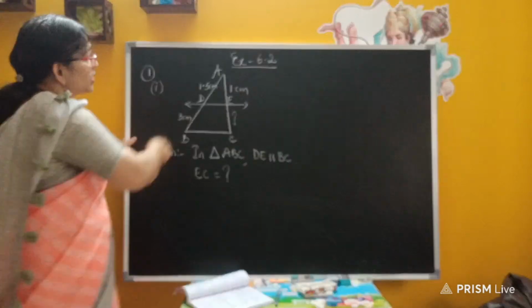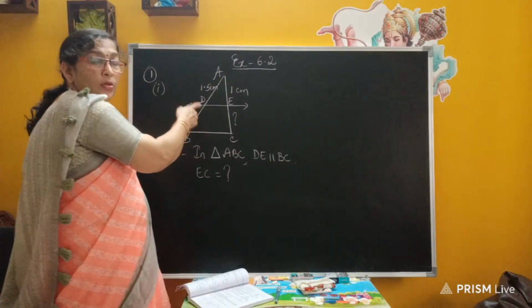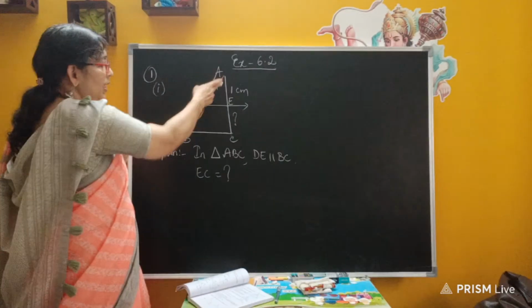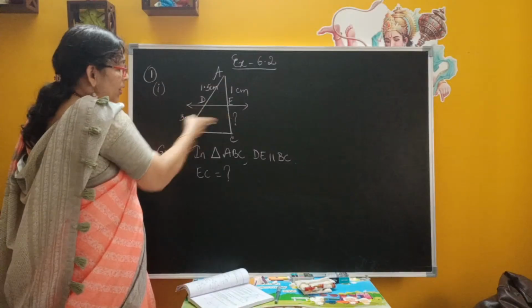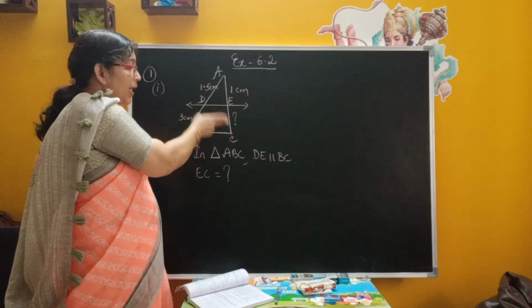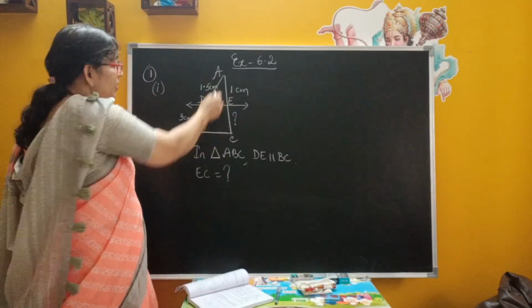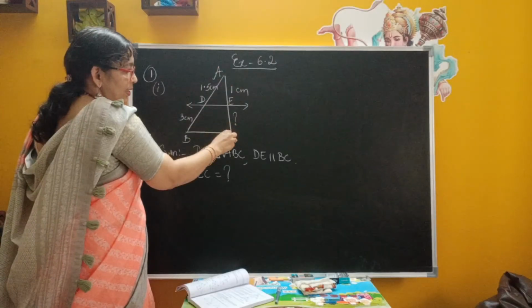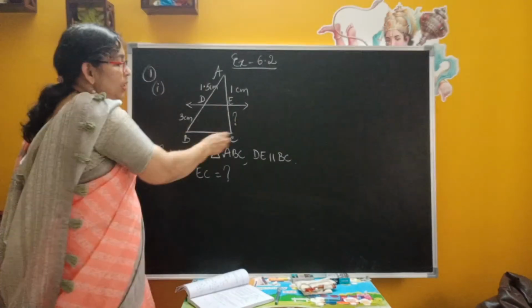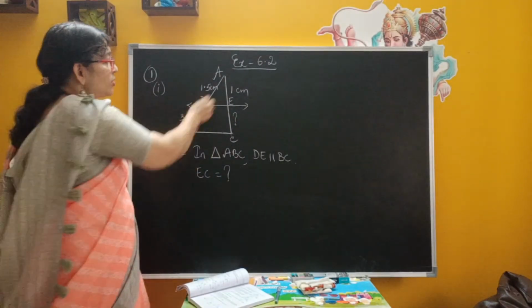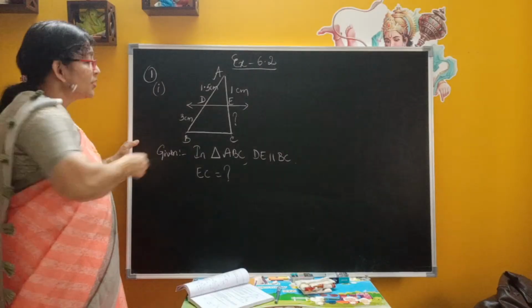Based on the figure, what do you say now using Thales theorem? Here DE is a line parallel to BC, one of the sides of the triangle ABC. The other two sides are AB and AC. Since DE is parallel to BC, what do you say about the sides?